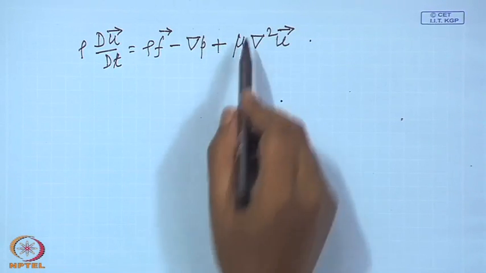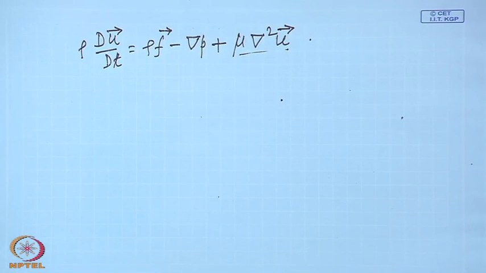We have already seen while deriving the expression for the deviatoric stress tensor that they come exclusively from the rate of strain tensor. If there is no rate of strain, then there is no shear stress or viscous stress. We will now call this the viscous force per unit volume, which comes from the viscous stresses, completely due to the rate of strain tensor.